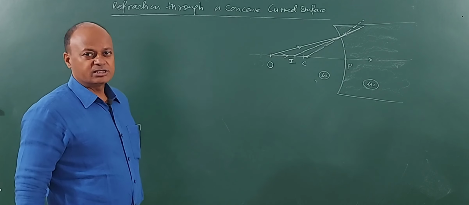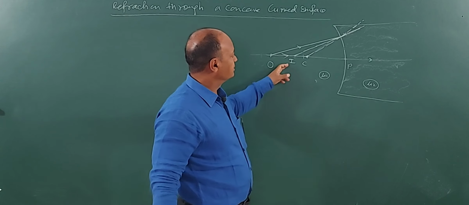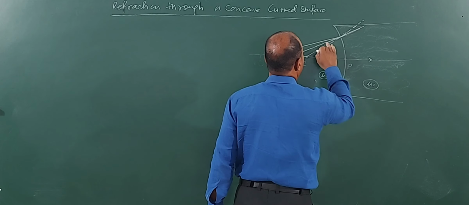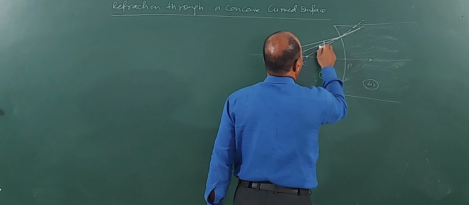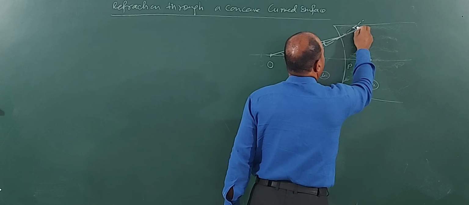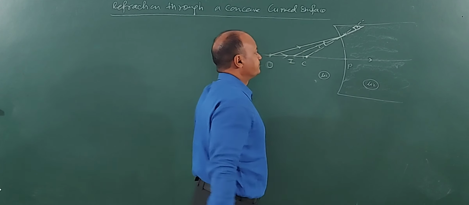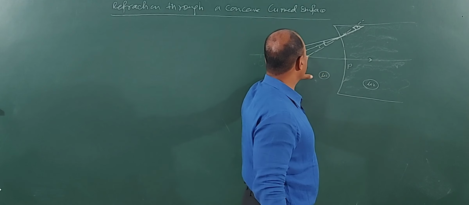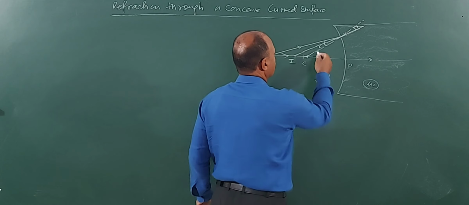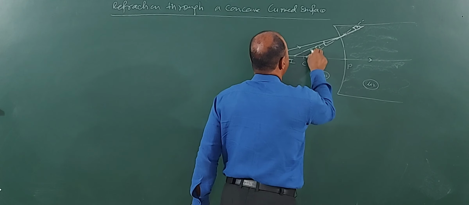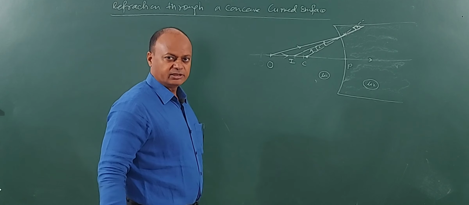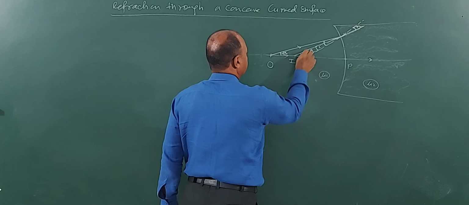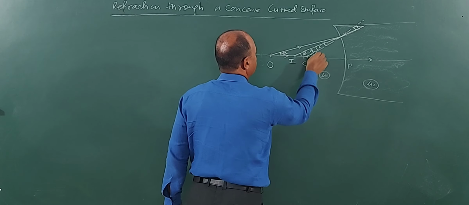Clear? And you can see here very well that I will be a virtual image, because the rays are appearing to meet at I. This will be the angle of incidence I. This is the angle of refraction R. Now if this angle is R, the angle between this ray and this ray is also going to be equal to R. The angles here, this angle is alpha, this angle is beta, and this angle is gamma.